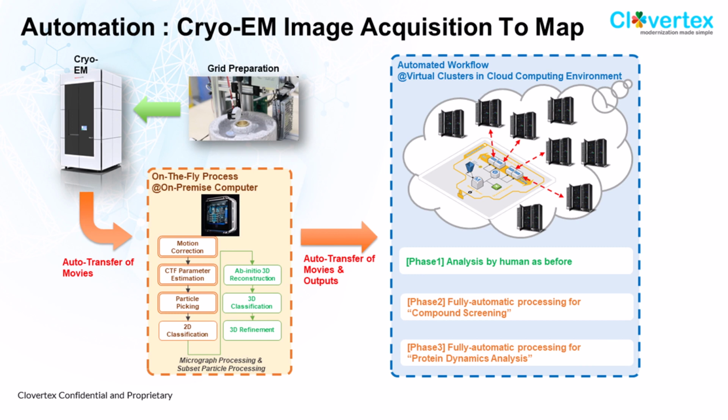Here we do preliminary processing, such as motion correction and CTF parameter estimation, which is very specific to cryo-EM imaging, and then recognize each particle of the protein from the micrograph, cut out the small region around it, and make the so-called particle image stack.